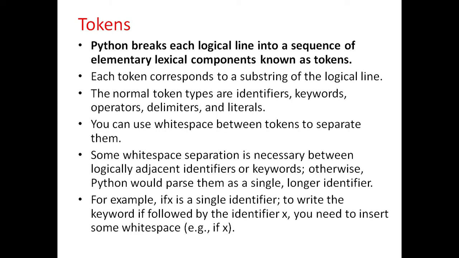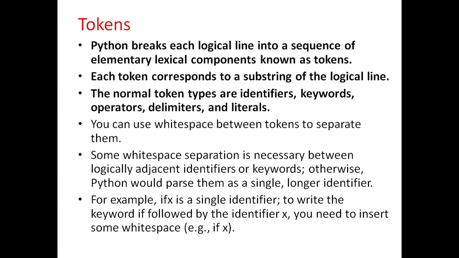Tokens. Python breaks each logical line into a sequence of elementary lexical components known as tokens. Each token corresponds to a substring of a logical line. The normal token types are identifiers, keywords, operators, delimiters, and literals. You can use white spaces between tokens to separate them.